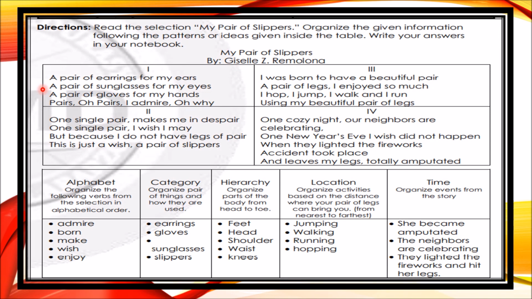A pair of earrings for my ears. A pair of sunglasses for my eyes. A pair of gloves for my hands. Pairs of pairs I admire, oh why. One single pair makes me in despair. One single pair I wish I may. But because I do not have legs of pair, this is just a wish, a pair of slippers.